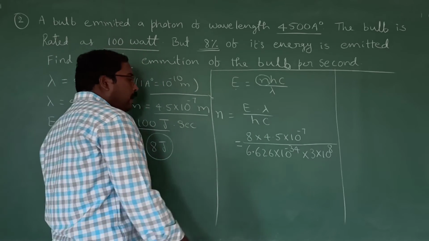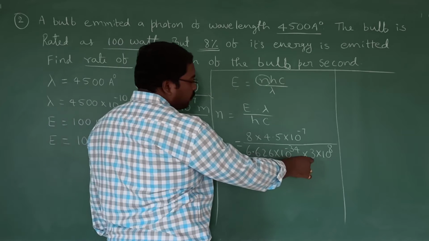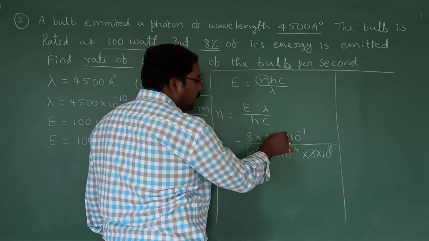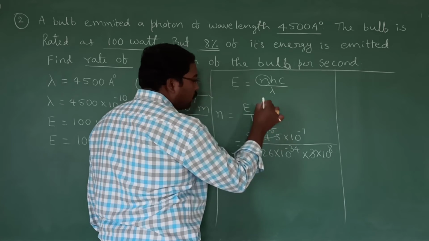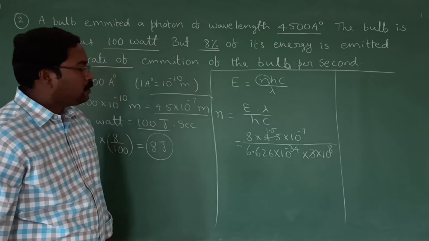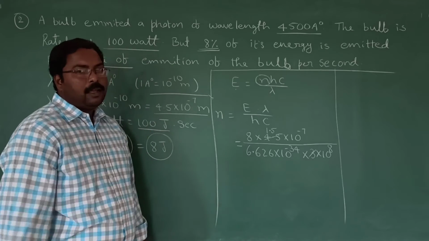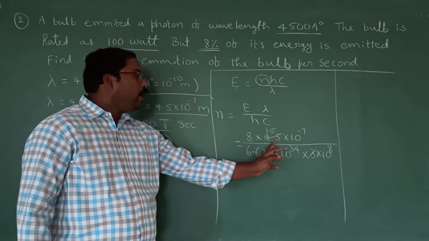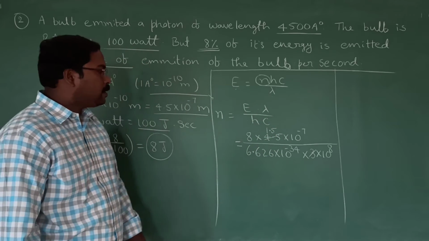Okay? Now coming to the calculation point of view. Here, we know 3 will cancel with 4.5. How many times? 15 times, because 3 15s are 45. So in 45, 15 times. So in 4.5, 1.5 times. Okay?